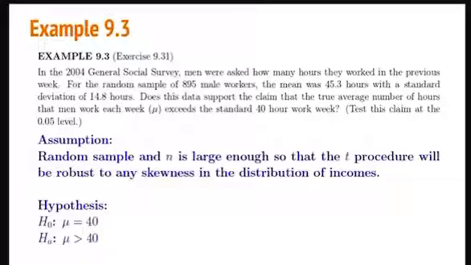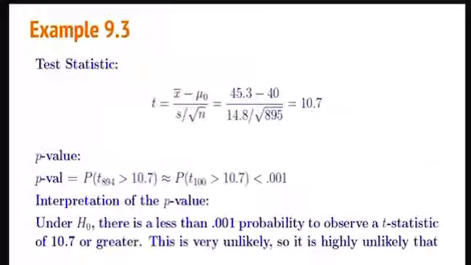Now you specify your hypothesis. The alternative is going to be greater than because they mentioned exceed in this case. I told you the null hypothesis H0 is always going to have an equality sign. Now you go to your test statistic. Look at the way you're going to do it. Number one, you talk about assumptions.